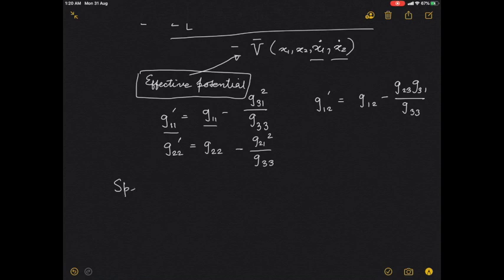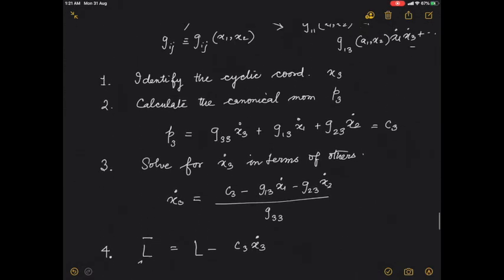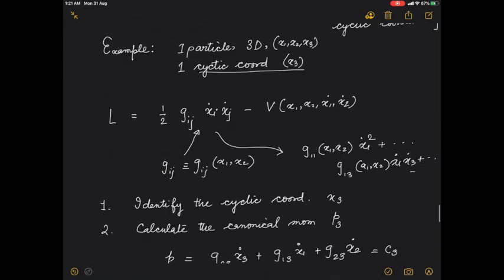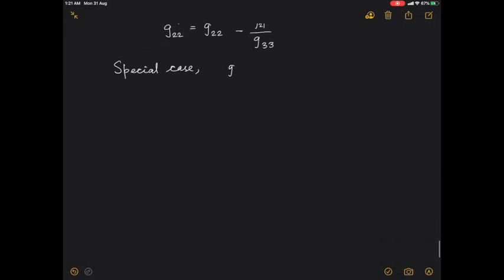Now, there is a special case which we can think of. In the original one, I not only have x1 dot square, x2 dot square, x3 dot square here, I also have these cross terms in general, like x1 dot x3 dot.